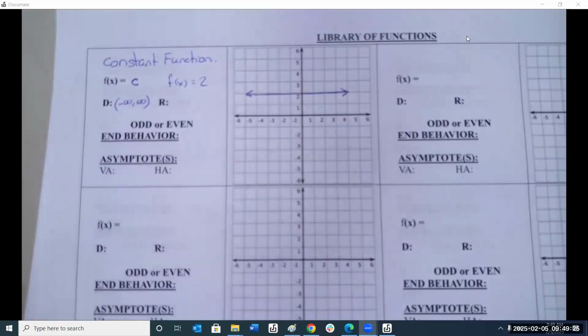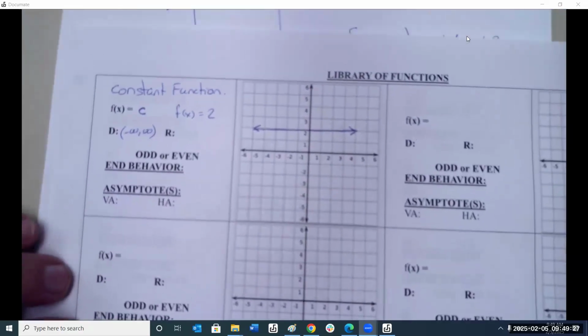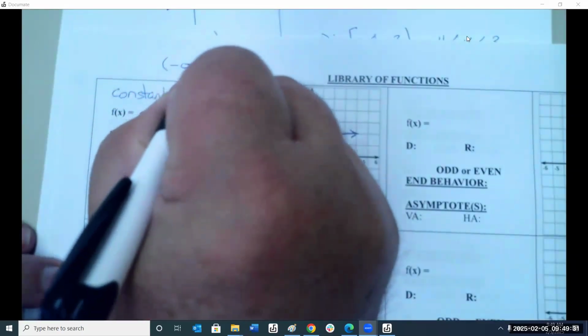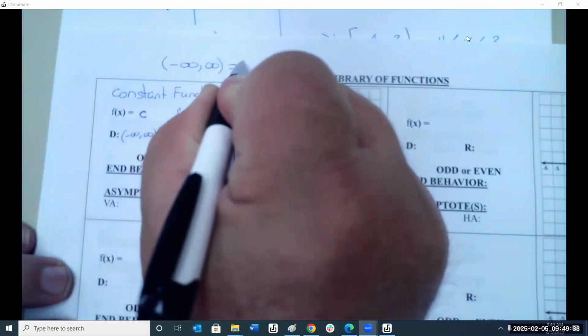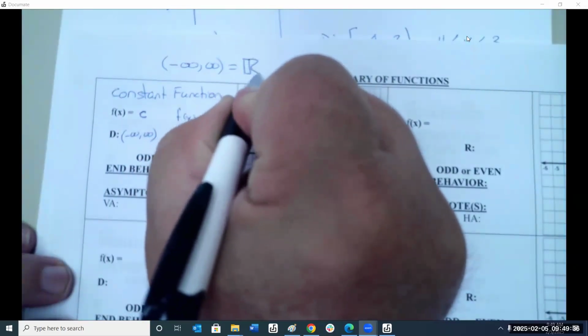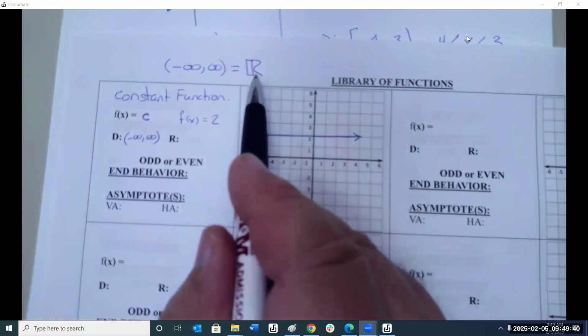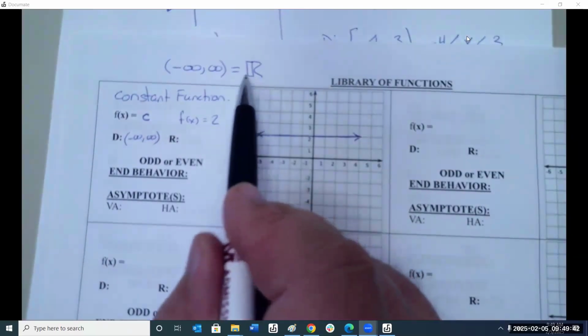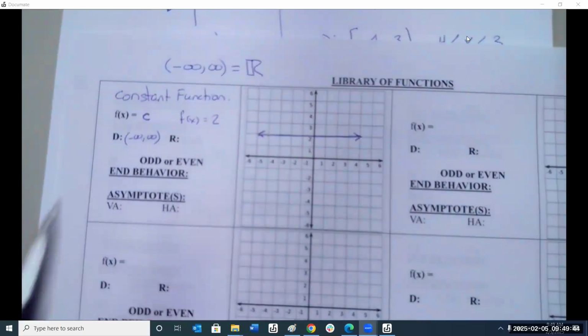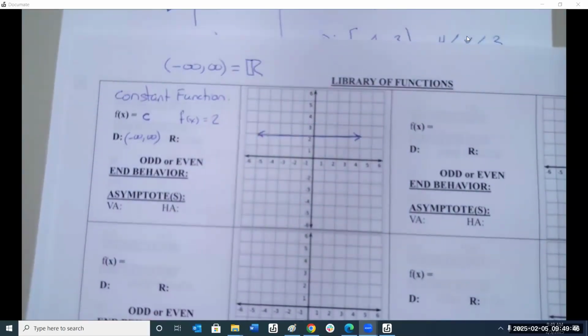Because of space limitations, here is a notation. Instead of writing negative infinity to positive infinity, I could simply refer to the real numbers using that symbol. If you see that symbol, it means it goes from negative infinity to positive infinity. Mathematics is full of symbols like that.